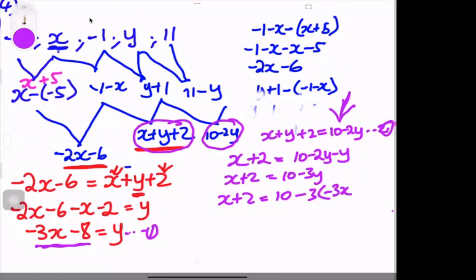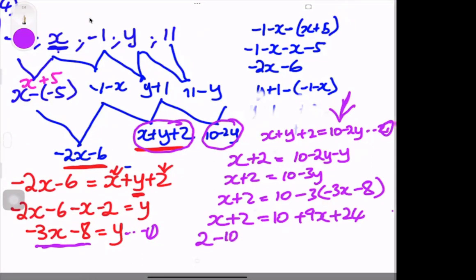This is now a linear equation. The highest power of x is 1. So x is one side, numbers one side. So I've got 2 minus 10 minus 24 is equal to 9x minus x. Right? It's just me isolating the x's and the numbers. 2 minus 10 is minus 8.